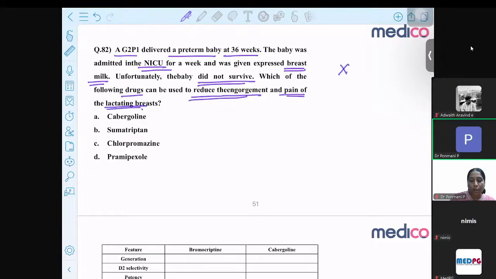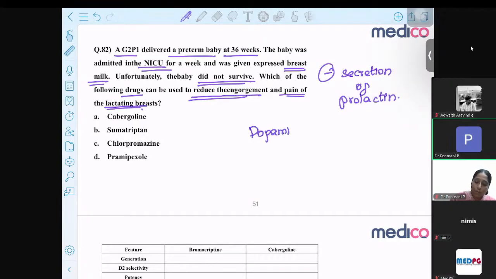Now we need to inhibit the secretion of prolactin. How are we going to do that? There is dopamine. This dopamine acts as a physiological antagonist of prolactin. So we can give a dopamine agonist.